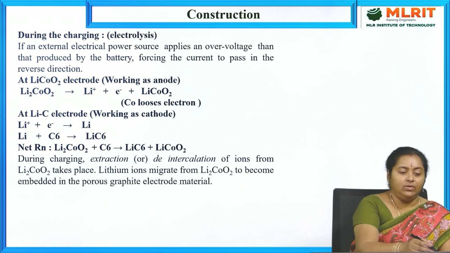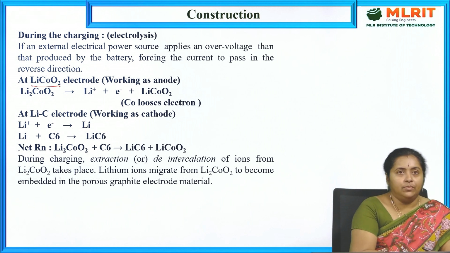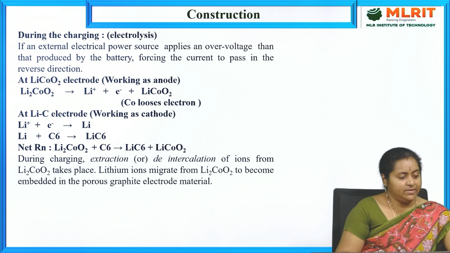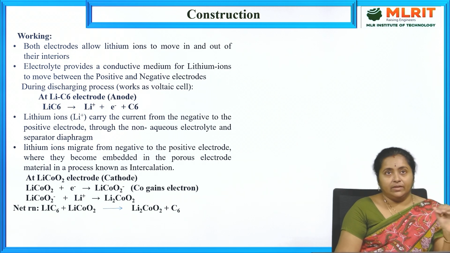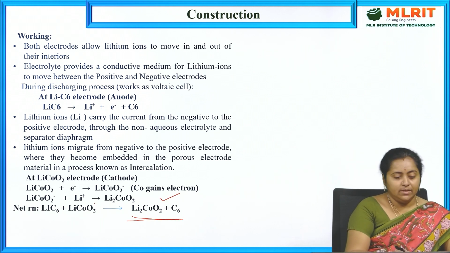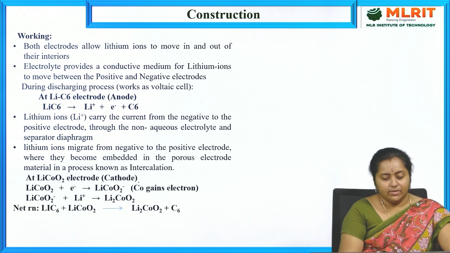So, at the cathode we have LiCoO2, right? If you notice the previous reactions, that is during the discharging process, I told you these two are the products. So, we have to start with these two products, because the cathode initially acting like cathode is now converted to anode. These are the products at the anode now.